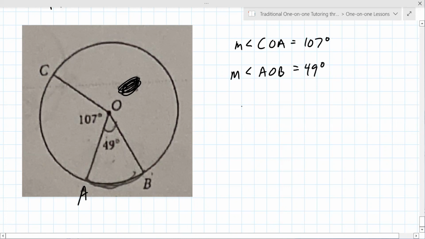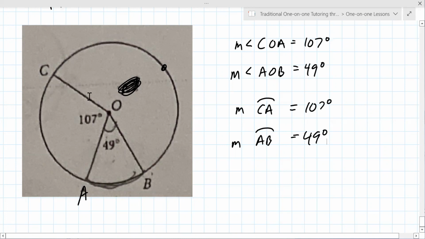Okay, so now if I were to ask you the measure of arc CA, what is the measure of arc CA? 107 degrees. How about the measure of arc AB? 49 degrees. Good.